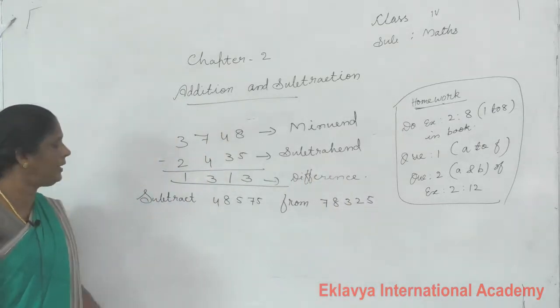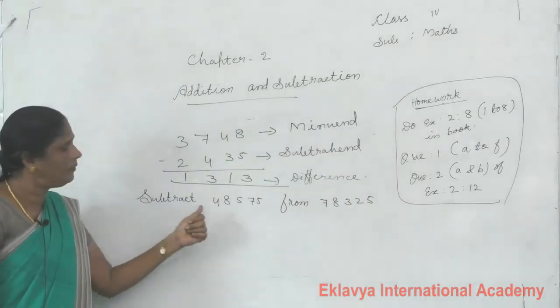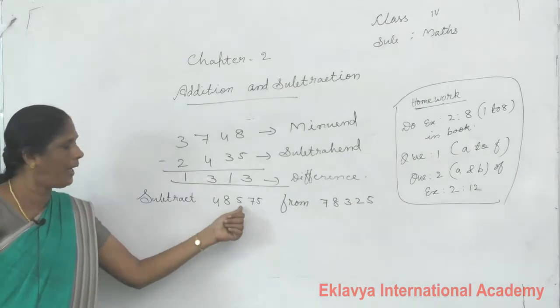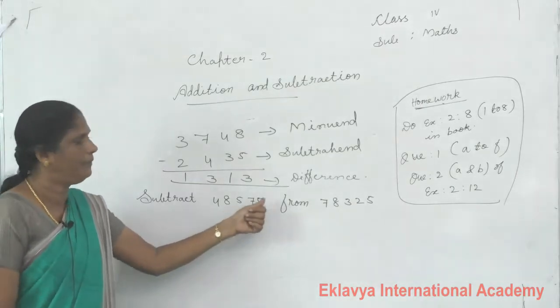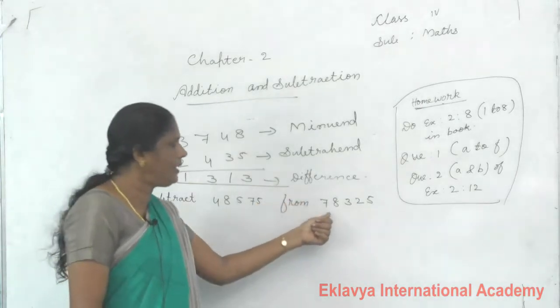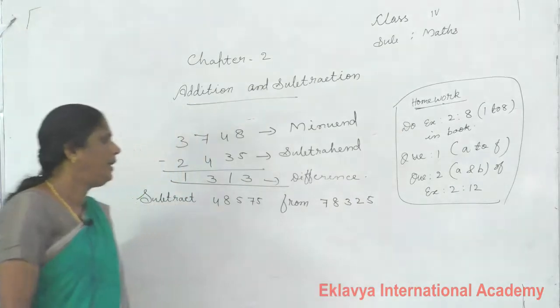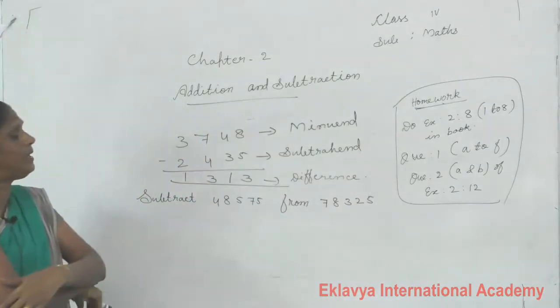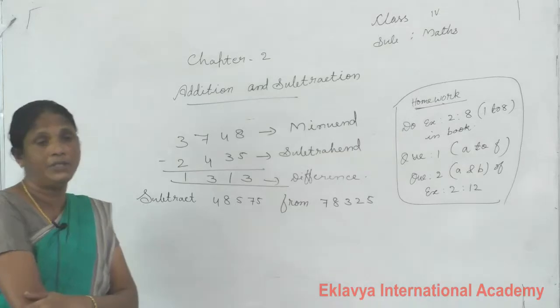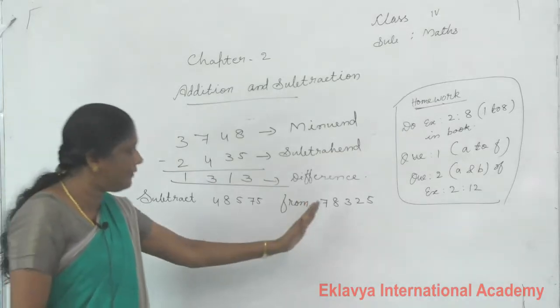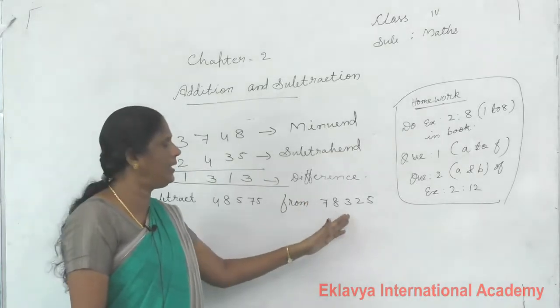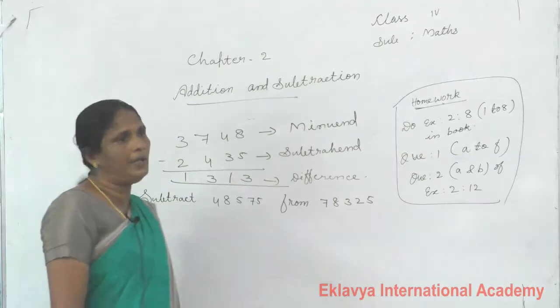Question also again read. Subtract 48,575 from 78,325. Here which number is bigger? Which number is here bigger? 78,325.